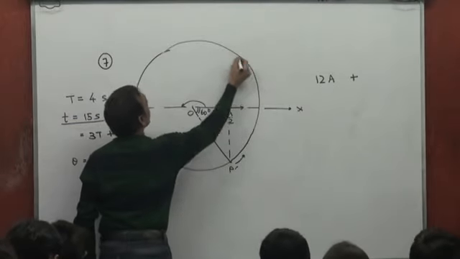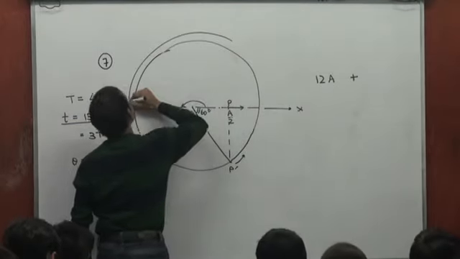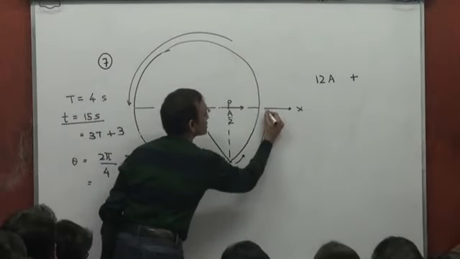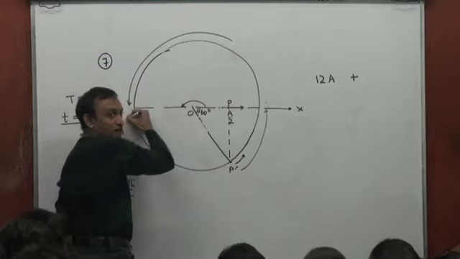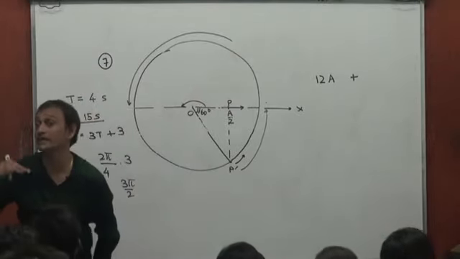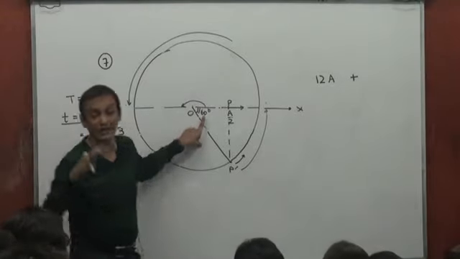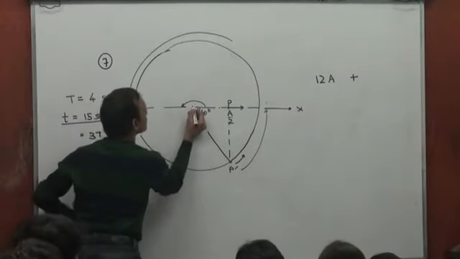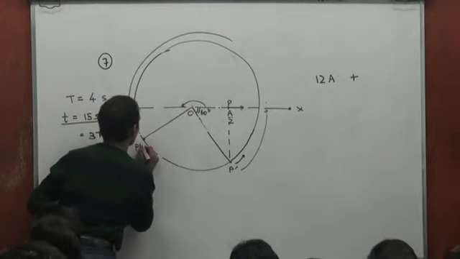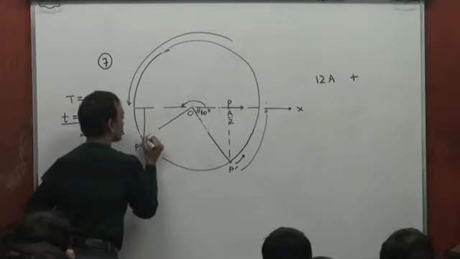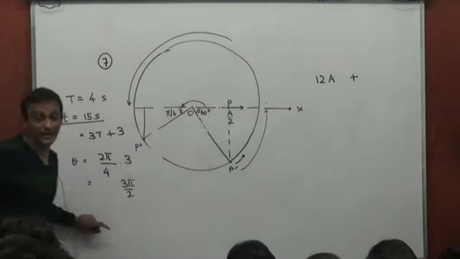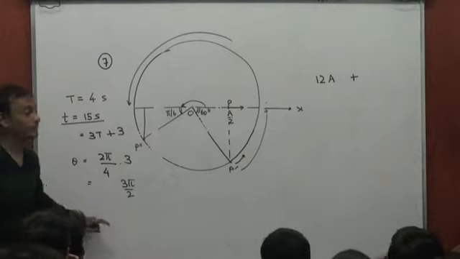That means now the auxiliary particle has done all of this. The auxiliary particle did this and then did this entire upper half of the circle. But then it still has to describe 30 degrees more at the center: 180, 240 and 30 more degrees at the center. So the auxiliary particle comes at P double prime with this as pi by 6, 30 more degrees at the center, right?